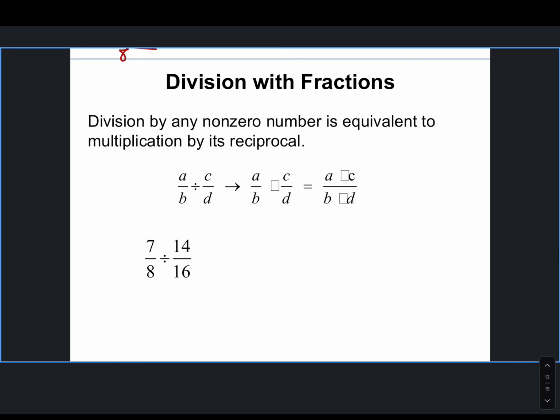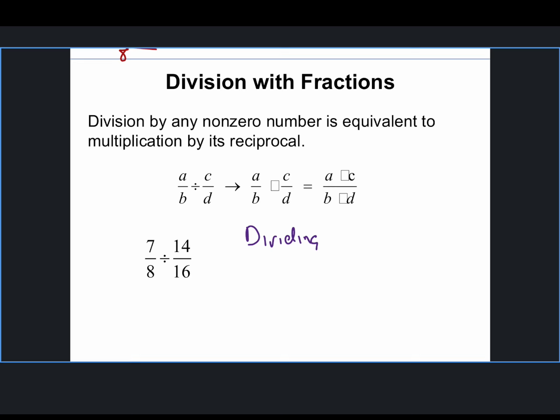All right, dividing fractions. It's not that bad. So, division by any non-zero number is equivalent to multiplication by its reciprocal. That's a lot of math words. Here's what I want you to write.